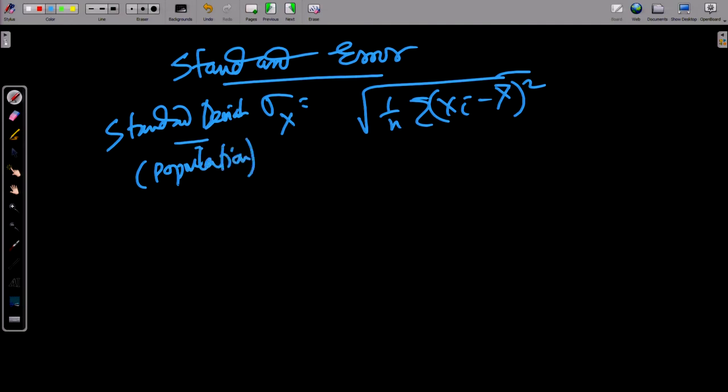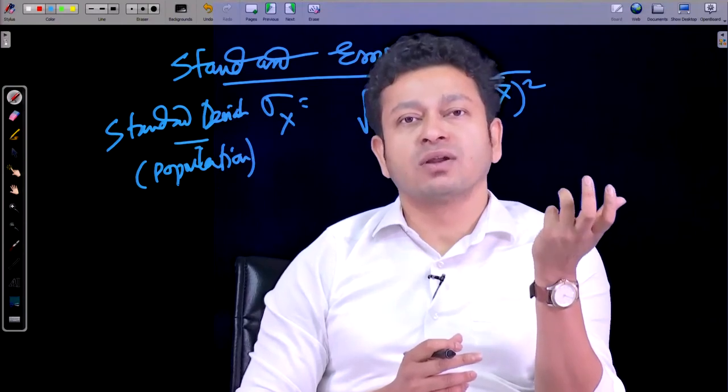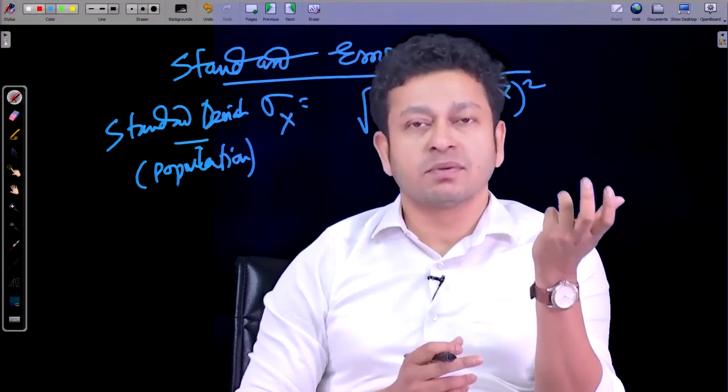Now, when we talked about this concept of estimation from sample, we know that it is not that easy to get the population standard deviation.